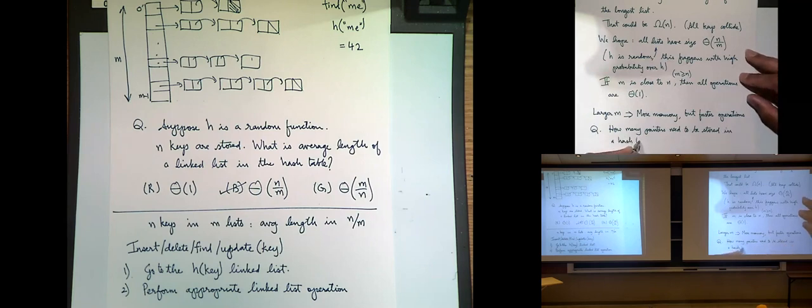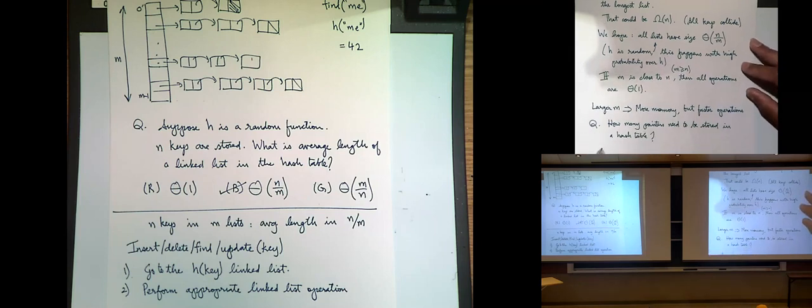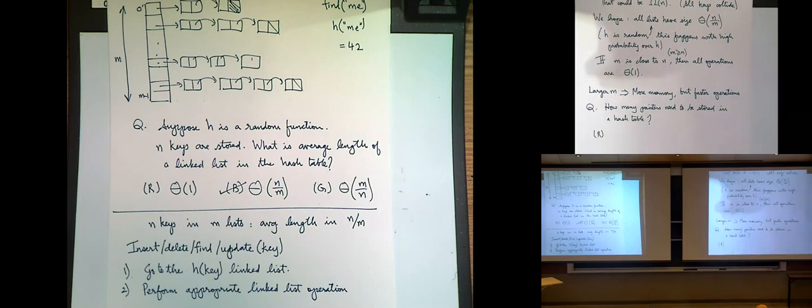I'm not going to write O and theta, I'm just going to write this, but roughly, is it N? Is it M? Or is it M plus N? How many pointers do you need to store roughly? Do you mean stored in the hash table data structure or stored in memory in total? Stored in memory in total, which is the hash table data structure, right?